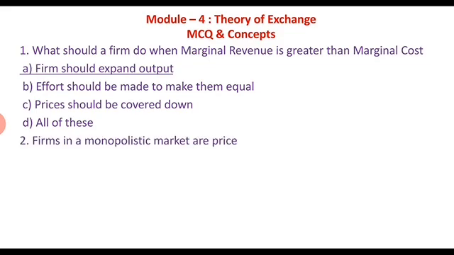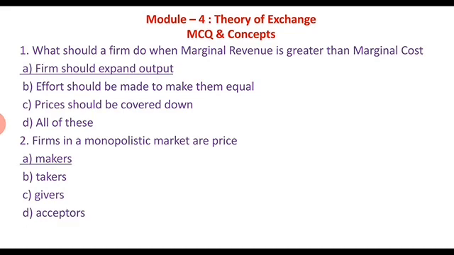Second question: firms in a monopolistic market are price A. Makers, B. Takers, C. Givers, D. Acceptors.